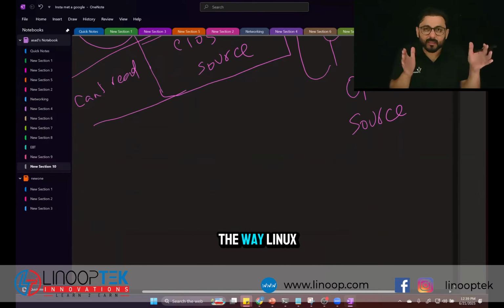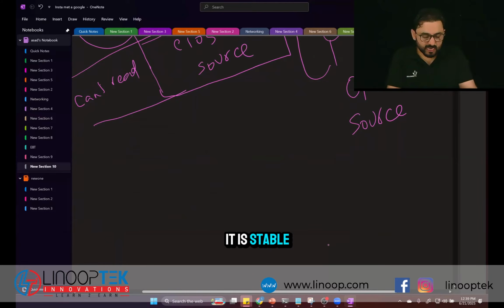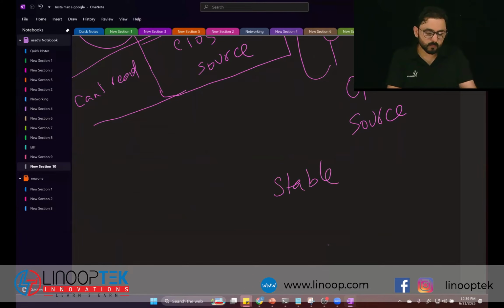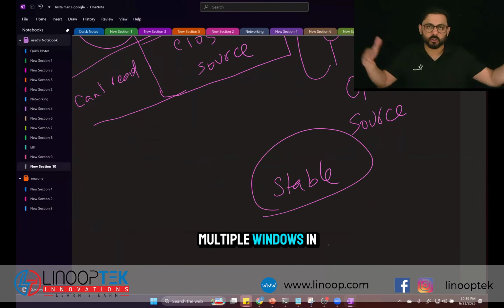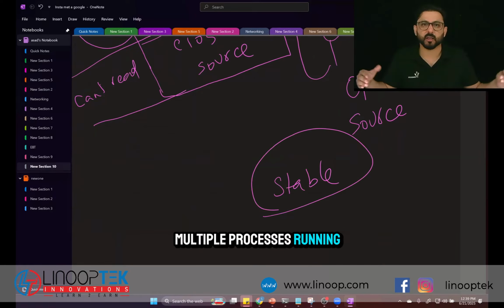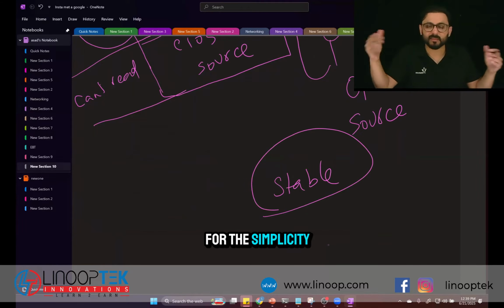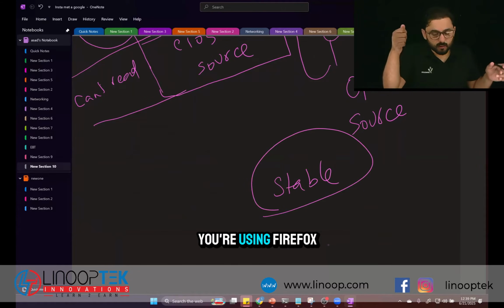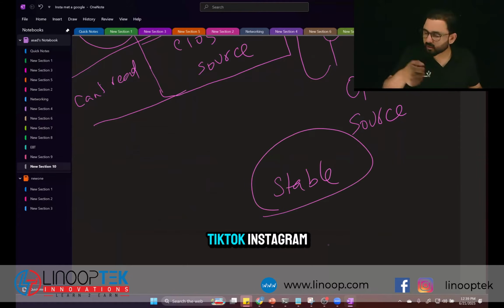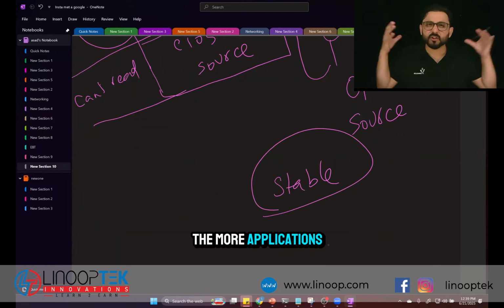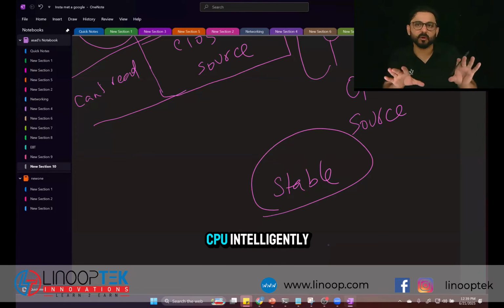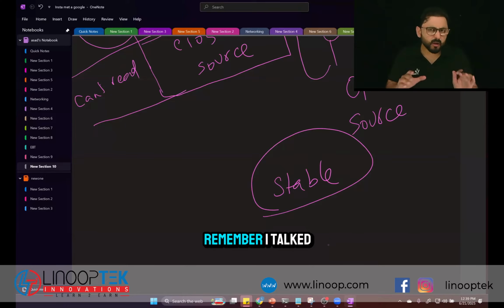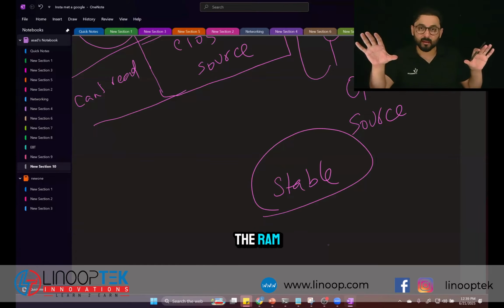Another difference is the way Linux is designed. It is stable. It doesn't break down. If you open multiple windows in Linux and you have multiple processes running, for simplicity's sake, say you're using Firefox, Chrome, TikTok, Instagram, the more applications you open up, Linux will handle the memory and CPU intelligently. Remember I talked about the CPU, hard drive, and the RAM?